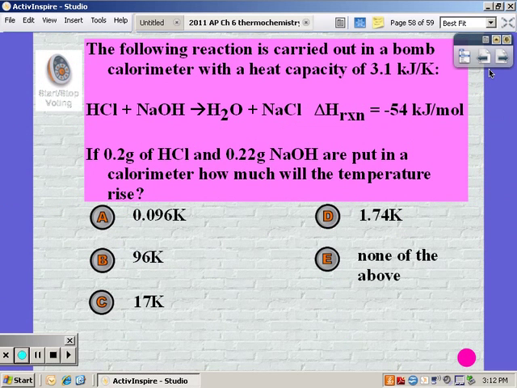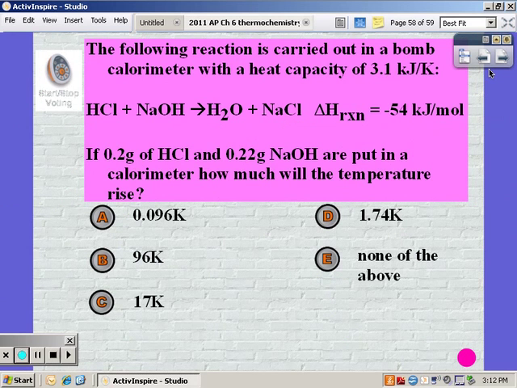I'm going to pause the video and try this one on your own. This is a limiting reactant type problem because they gave you grams of HCl and grams of NaOH.